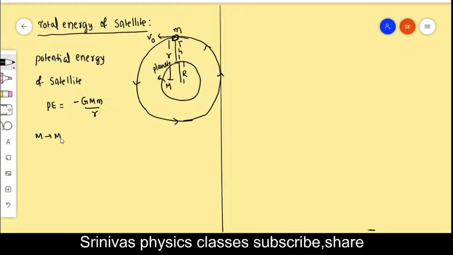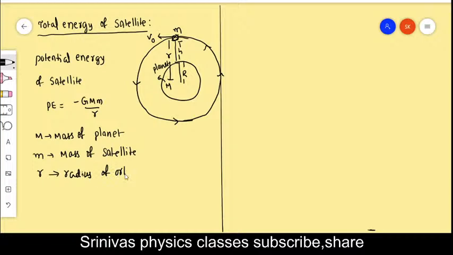The mass of the planet. What is small m? The mass of the satellite which is revolving around the planet. And r is the distance between the planet and satellite, or the radius of the orbit in which the satellite is revolving.